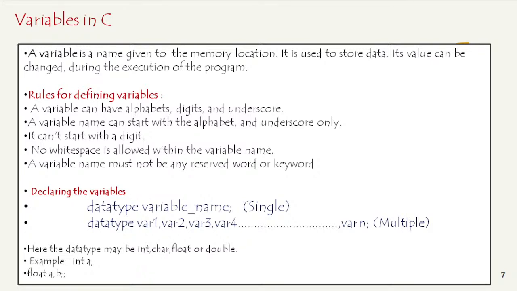This is an example for declaring multiple variables. Now you can see we can declare more than one variable in the same line of type float. Simply we can write float a comma b, and you must end with a semicolon. So this is how you can declare variables in C programming language.